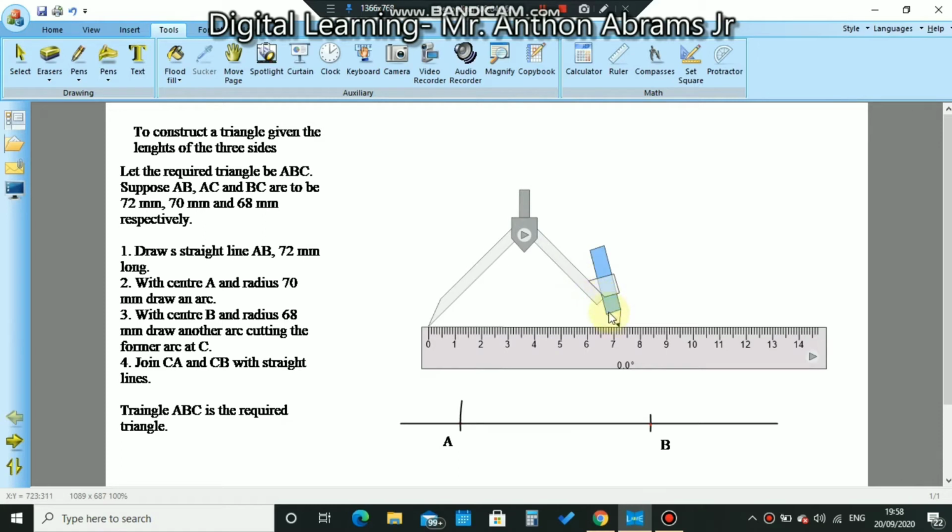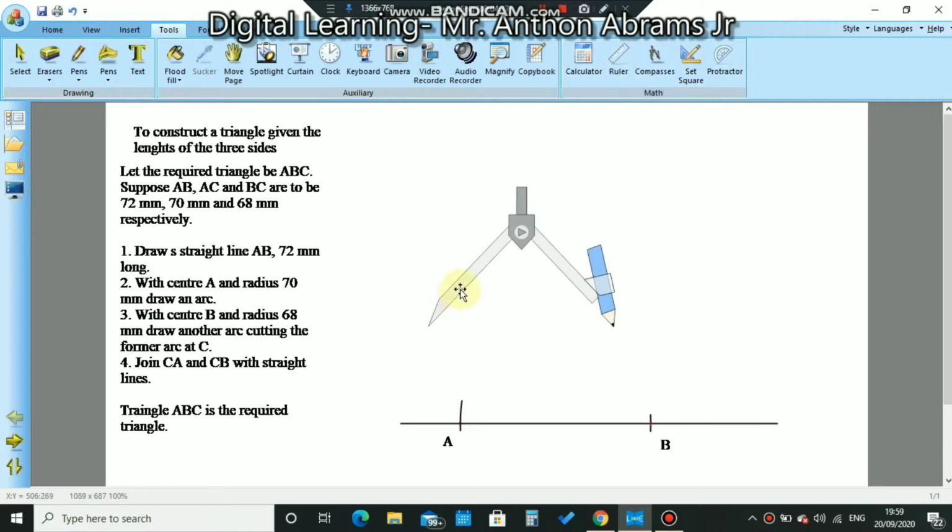So we bring this in a bit, and 70 mm is 7 cm. We move the ruler, make A the center, and they want us to scribe an arc. So we take this up and scribe an arc.